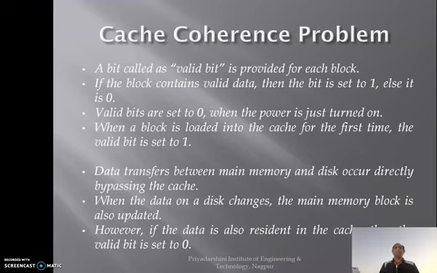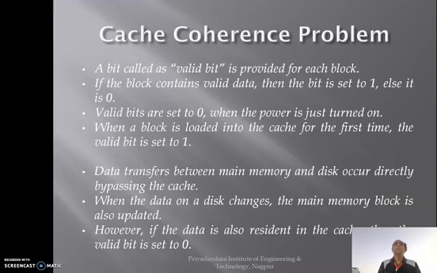Cache coherence problem. This is one of the important problems in the cache. A bit called a valid bit is provided for each block. If the block contains valid data, then the bit is set to 1, else it is set to 0. Valid bits are set to 0 when the power is just on, meaning there is nothing in the cache memory.